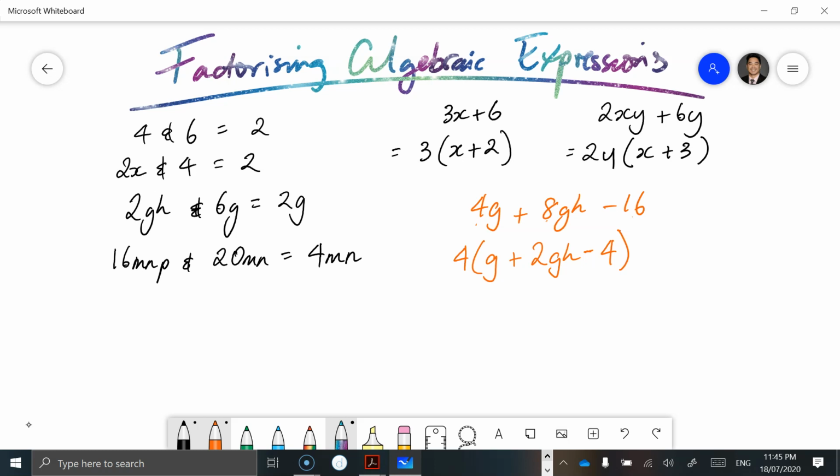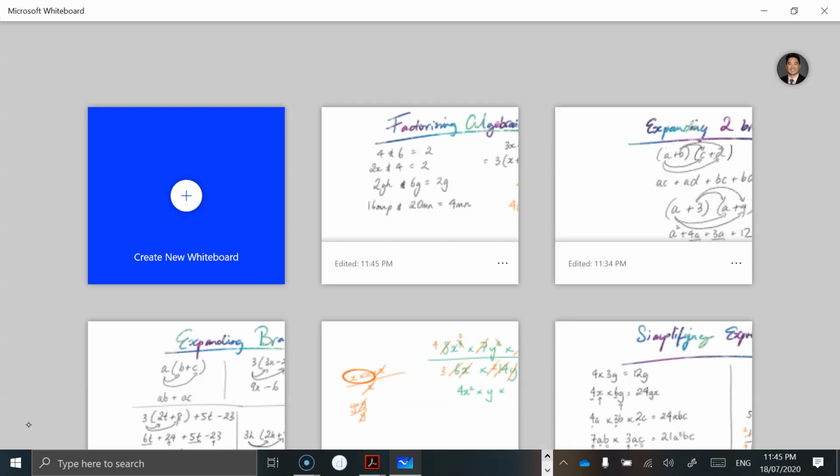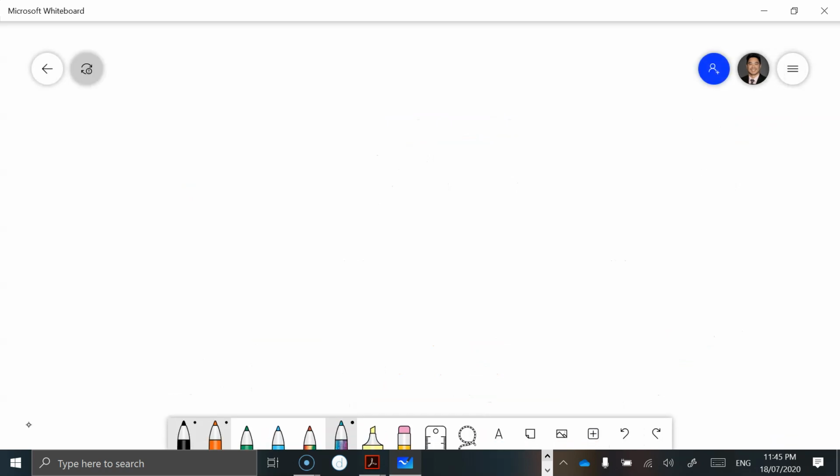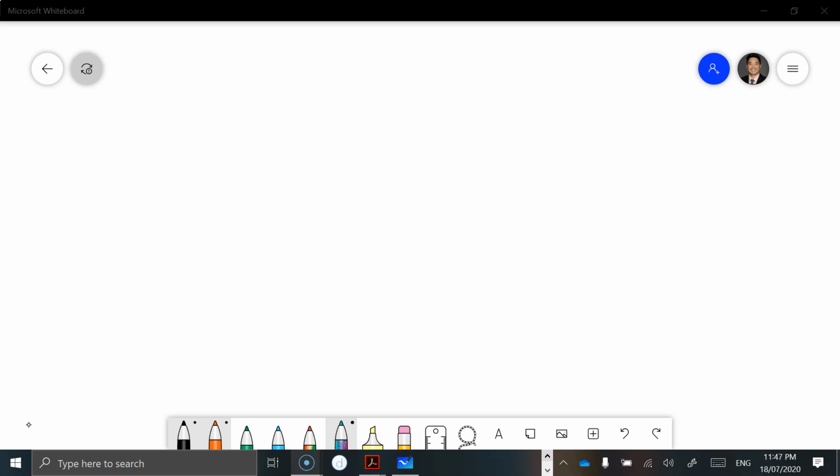What I might do is I'll throw in something a little bit more complicated, just to mix everything that we've done so far with multiplying, dividing, expanding, adding, subtracting, and the whole mix. And we'll see how we go here. Okay, so you ready?